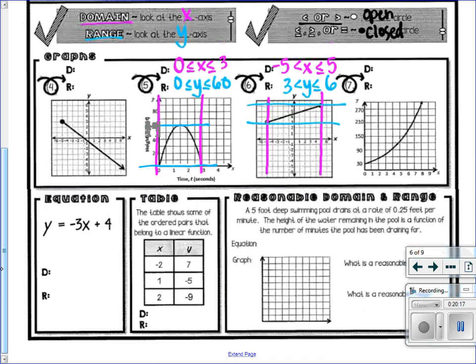Now to number 4. So we're kind of going in backwards. On number 4, for the domain, go to the farthest left and then to the farthest right. What's on the farthest left? -5, with a closed circle, so it could be equal to.